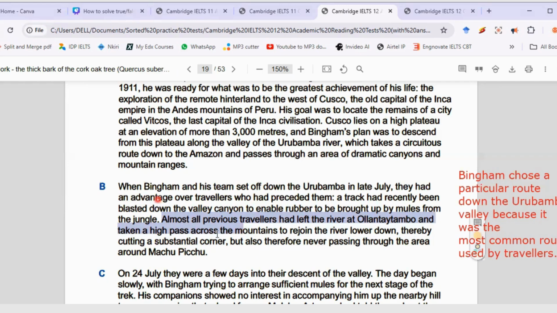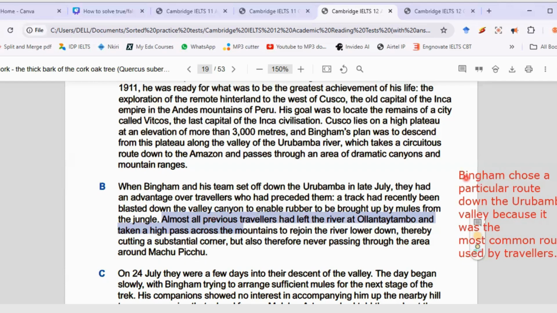Okay, let's finish it up. It says taking a high pass across the mountain to rejoin the river lower down, thereby cutting a substantial corner, but also therefore never passing through the area around Machu Picchu. So they used a different route. They didn't use the route that previous travelers used.